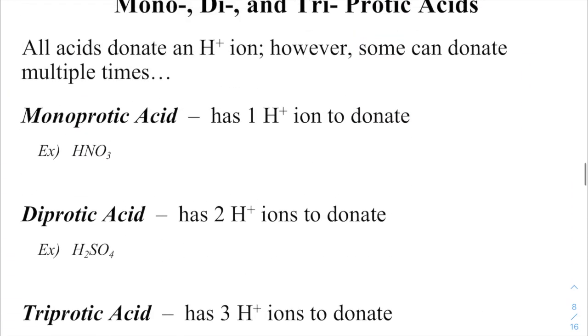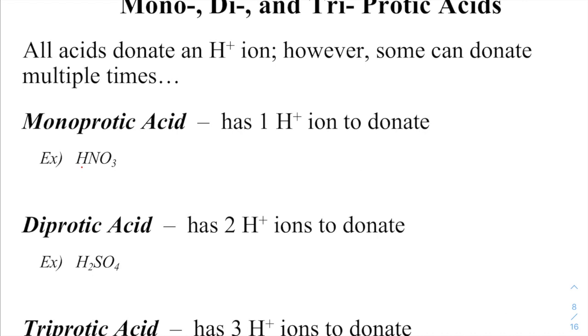And a couple more things about it. We have been talking about how all acids donate a proton, and in every reaction that an acid undergoes, it will donate one single proton. But that doesn't mean that that's all it can do. There are some acids that have the ability to donate more than one proton, and we call those either di or triprotic acids. So we have some terminology here.